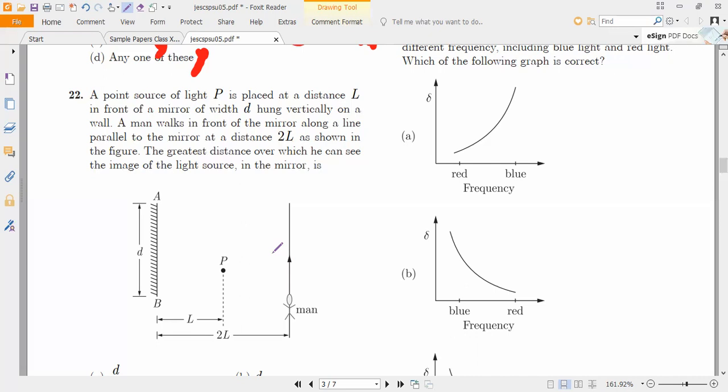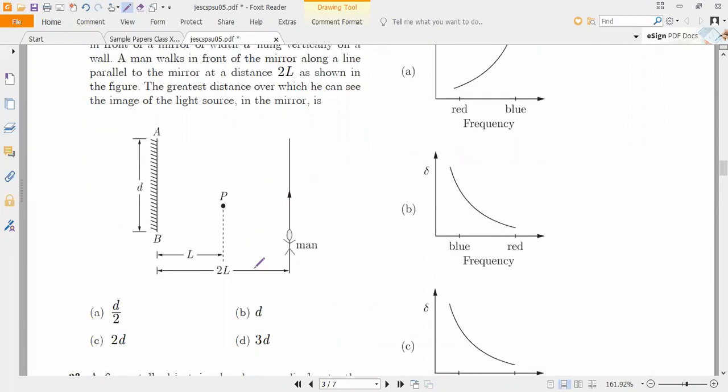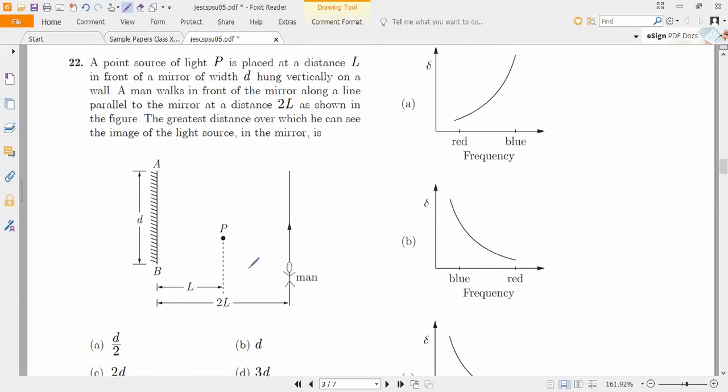Now the greatest distance over which he can see the image of the light source in the mirror, they are asking. Options: D by 2, D, 2D or 3D. Try to read the question.